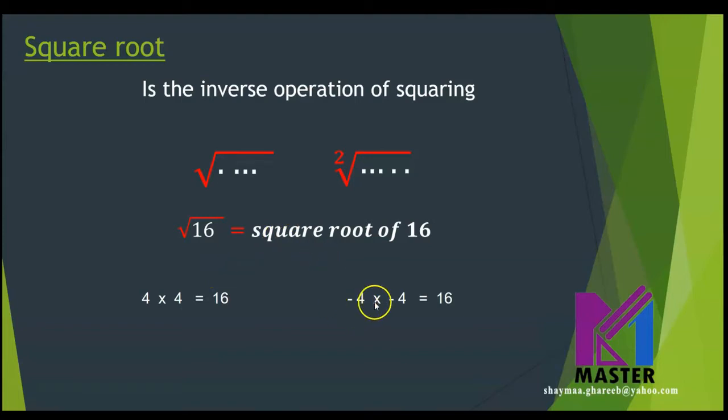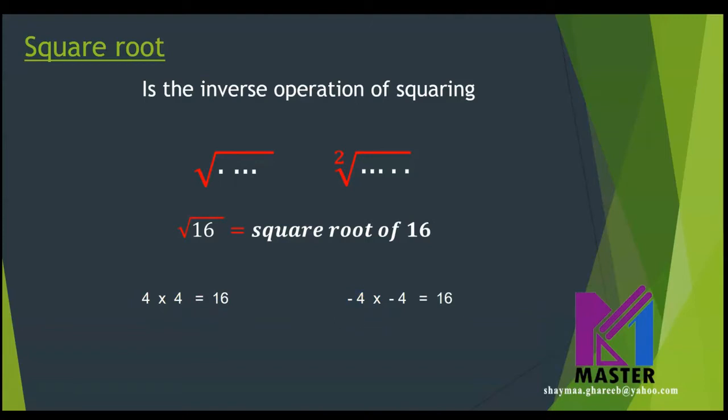What about negative 4 times negative 4? A number multiplied by itself, but this time both numbers are negative. We said before, negative times negative, the answer will be positive. So I can get number 16 by squaring number 4 or by squaring number negative 4.